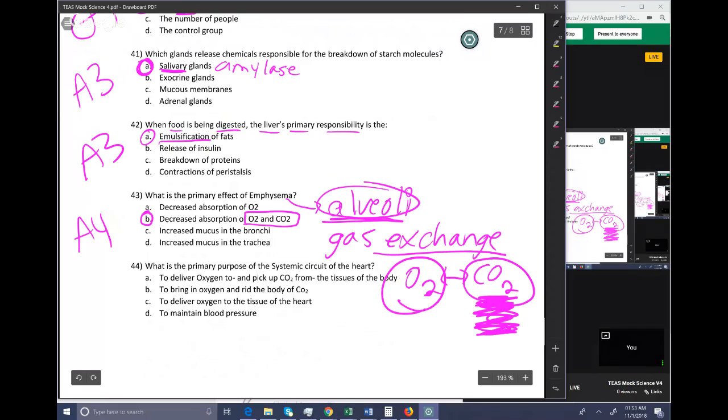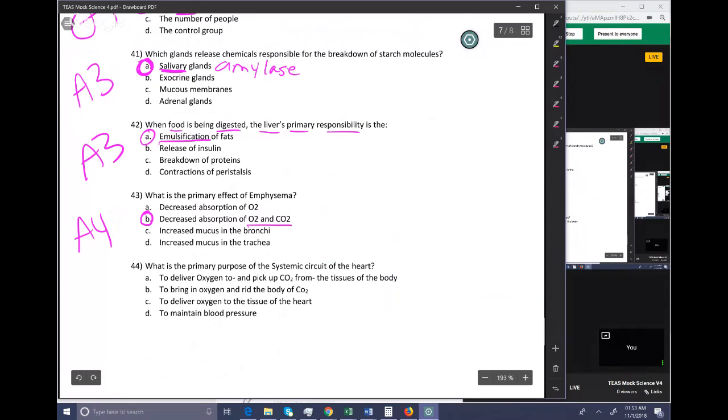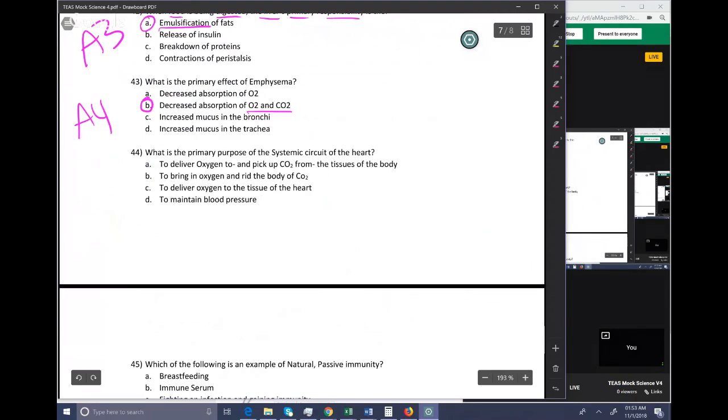If you don't, there's no other good option and they do have one that's by itself, then it might be arguable that that's the best answer in that scenario. You always want to look for O2 and CO2 in anything that relates to gas exchange. That will always be your most correct answer. If the alveoli are having an issue, it's going to affect their ability to bind both of those molecules in the same manner.